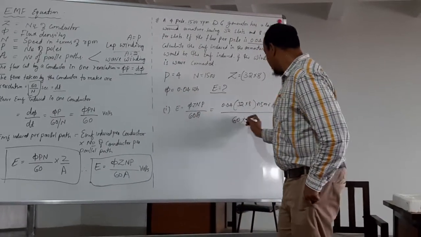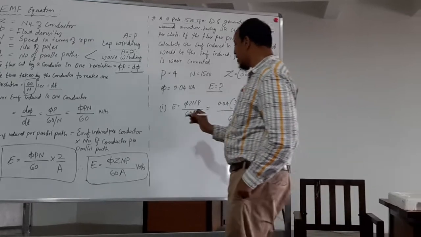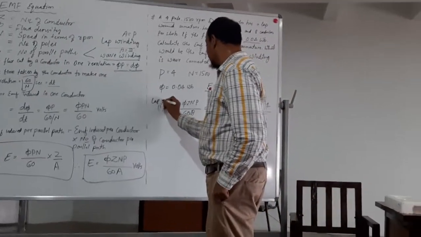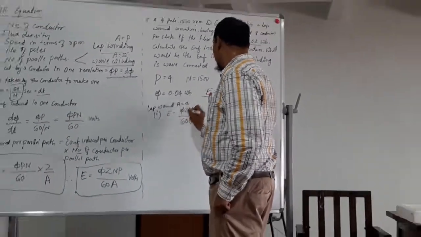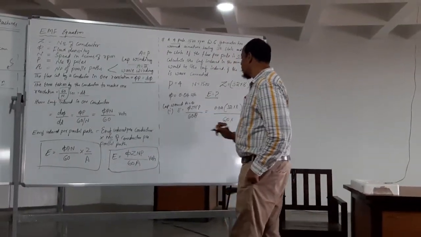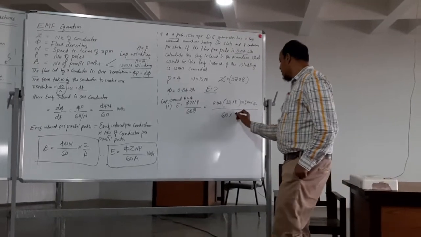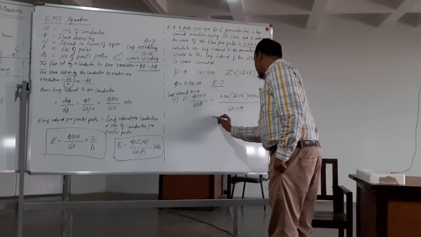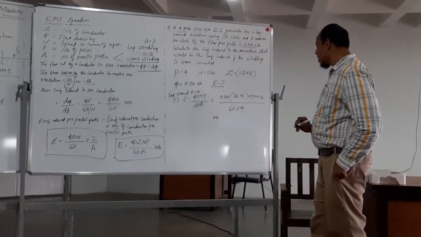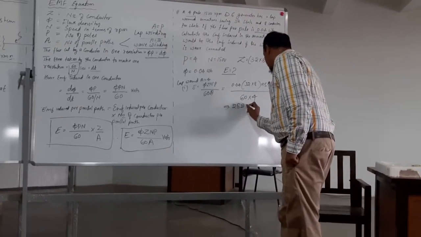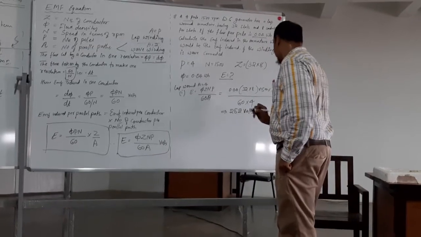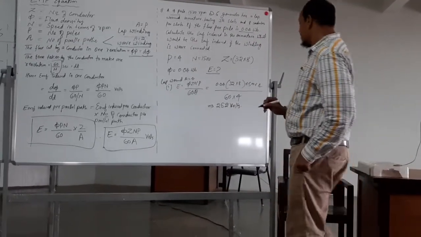Therefore for the lap wound, A equals P, that is 4, and when we calculate, it is around 252 volts.